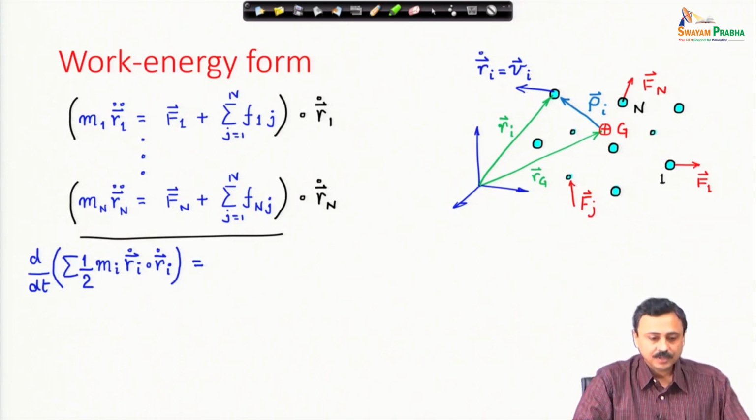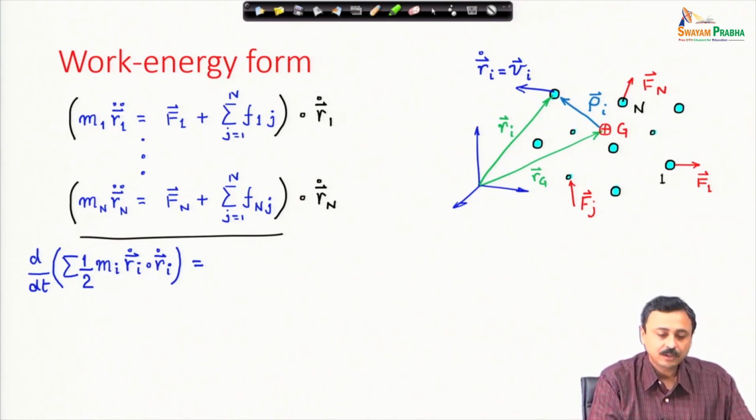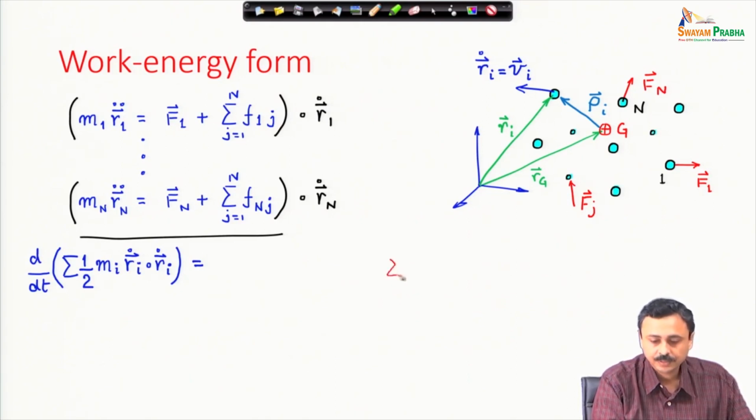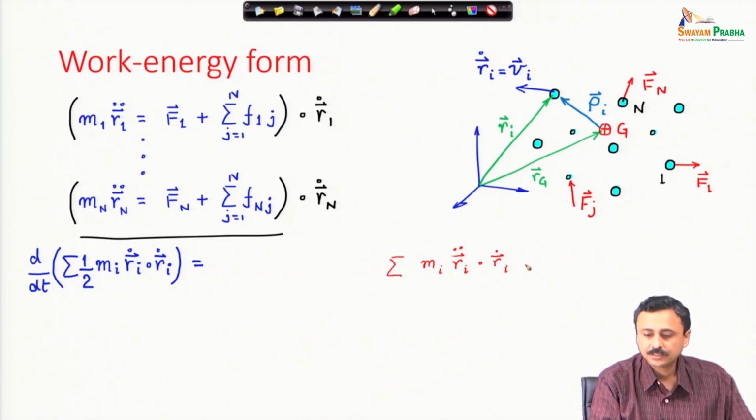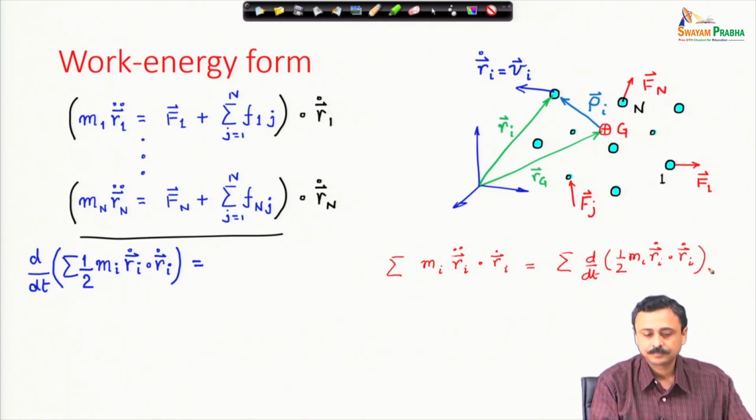What do I have? On the left hand side, which we have seen before as well, we have the summation of m_i r_i double dot dot r_i dot, and this can be written as the summation of d/dt of half m_i r_i dot dot r_i dot, and that is precisely what I have written on the left hand side.